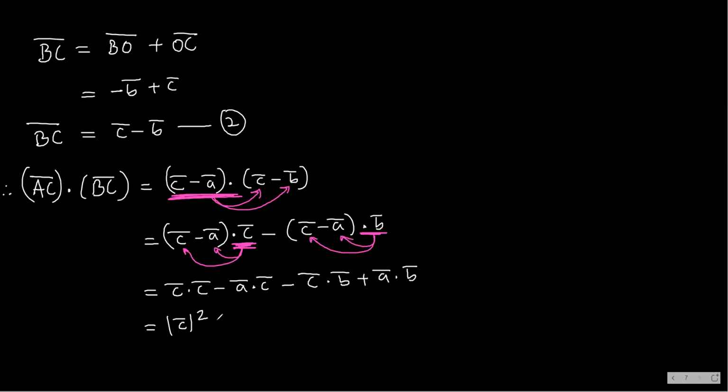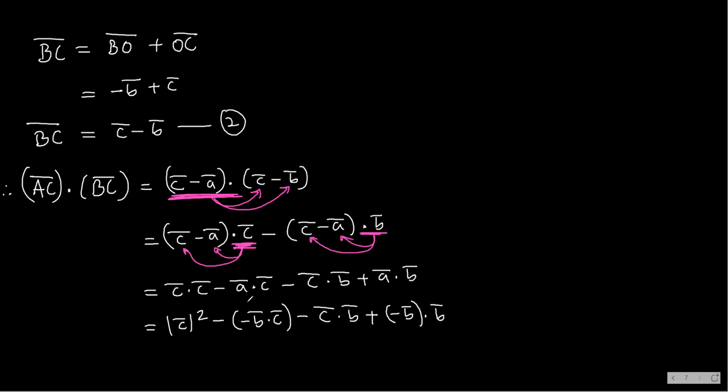Where you have A bar, I write minus, and this will be minus B bar dot C bar. And this is minus C bar dot B bar. Once again, here A bar is minus B bar. So I will write minus B bar dot B bar.